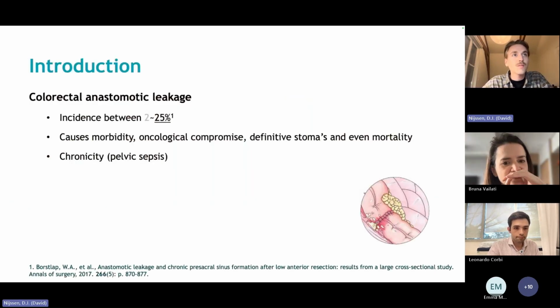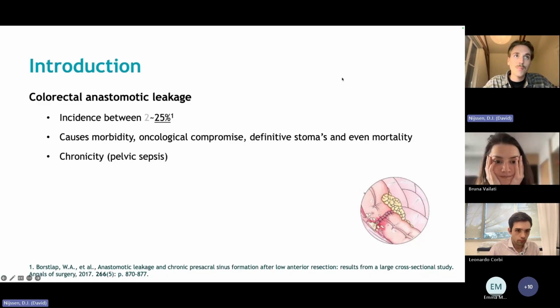I think it's an important topic because anastomotic leakage, especially after rectal cancer surgery, is very common. We see more recent incidence figures reaching up to 25% in case of low rectal cancer, which is a large number of patients, and it causes a lot of morbidity. It can influence oncological outcomes as well, and it leads to more definitive stomas and even mortality.